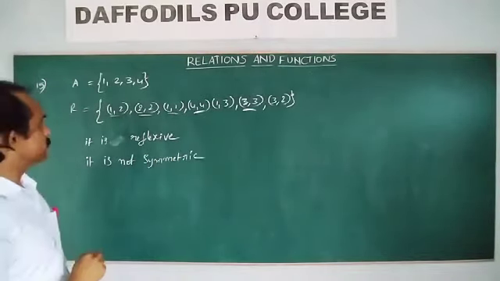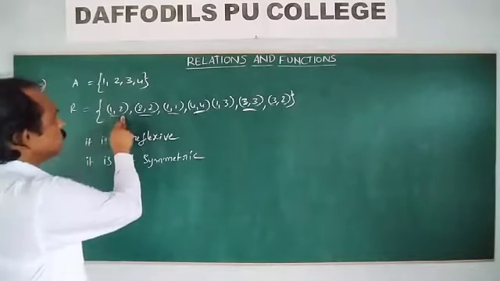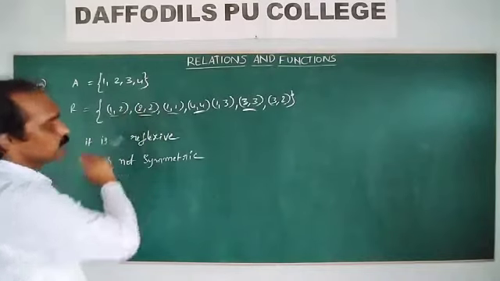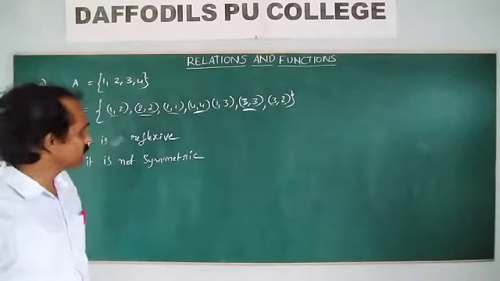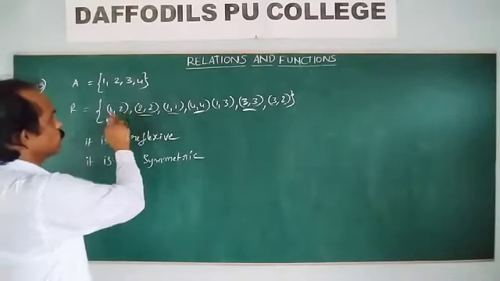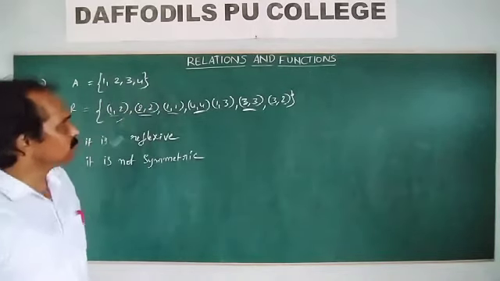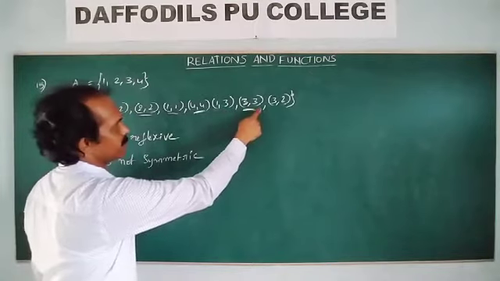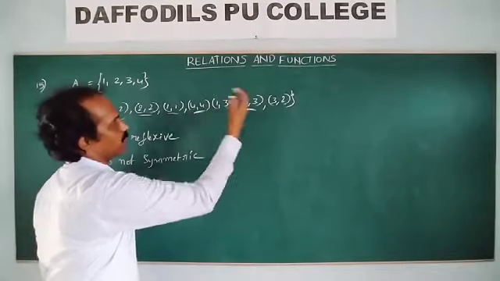Right. Transitive check. (1, 2), (2, 2) gives (1, 2). Next, (1, 3), (3, 3) gives (1, 3).